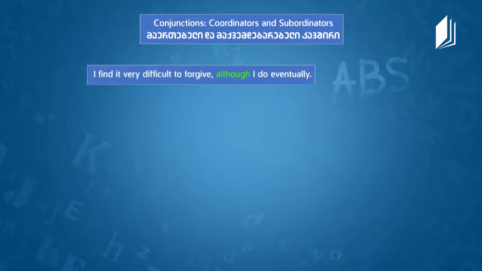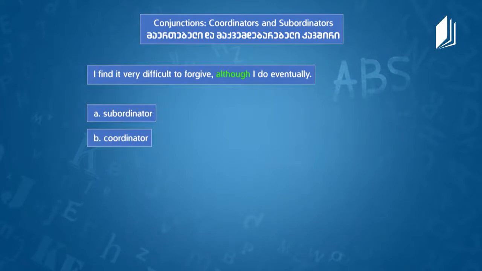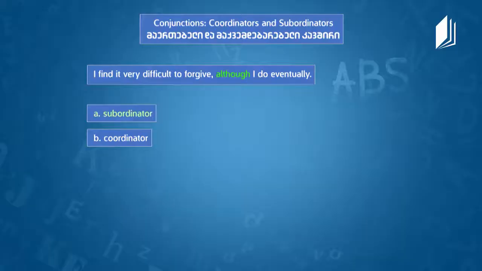Now, the next one, I find it very difficult to forgive, although I do eventually. Now, these two parts are not of equal status, and we know that although is a subordinator, so it is a subordinator. Yeah, you're right. Okay. And I think that we have finished with the lesson, and it's time to wrap it up.